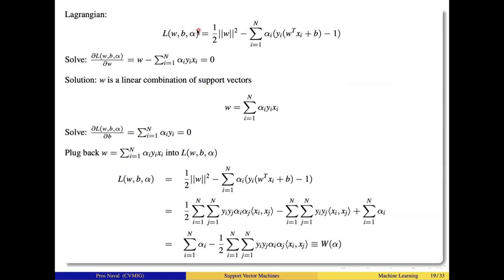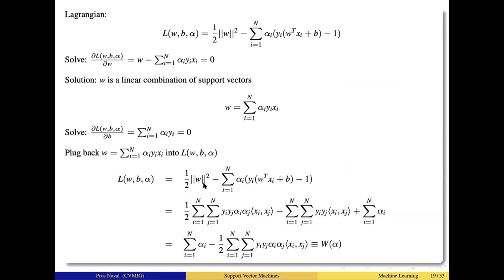Now let's go back to this. You plug this expression for w into this original equation. So this w here and this w there, you replace with this quantity on the right hand side of this equation. What you have now is this, and this, and that.